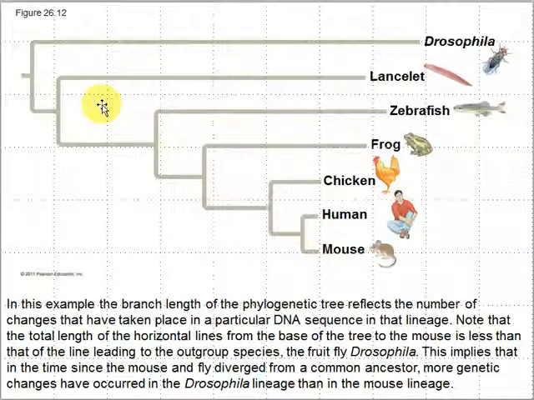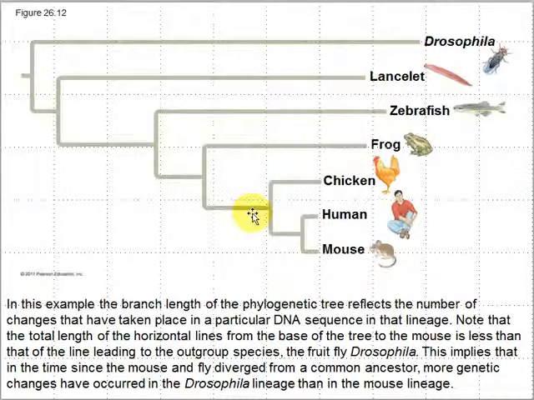that particular sequence. So with this long line here, the longer line going out to the fruit fly, as opposed to, say, the shorter lines going out to the human or the mouse, this implies that since the mouse and the fly diverged from a common ancestor, more genetic changes have occurred in the fruit fly, the Drosophila lineage, than in the mouse lineage.